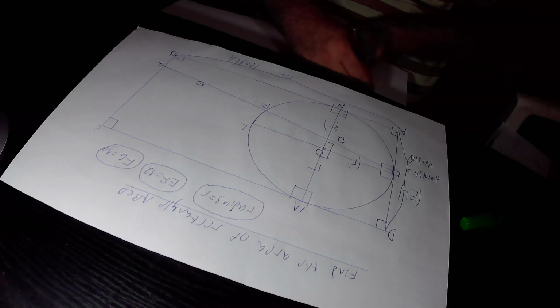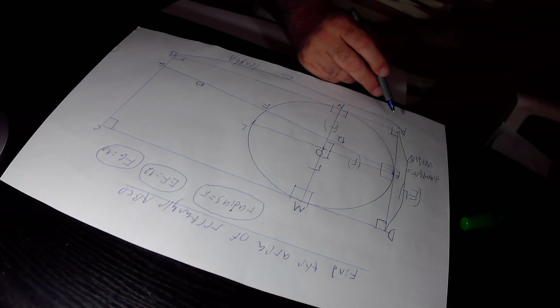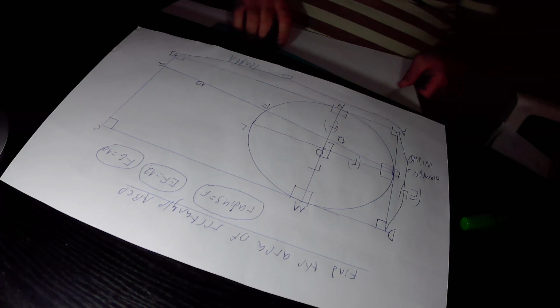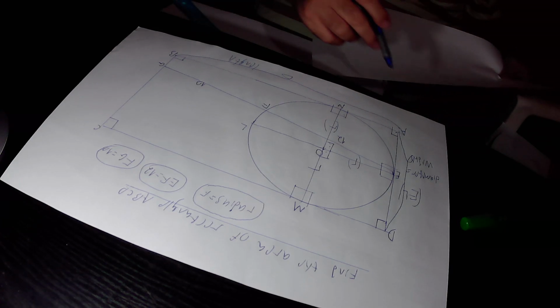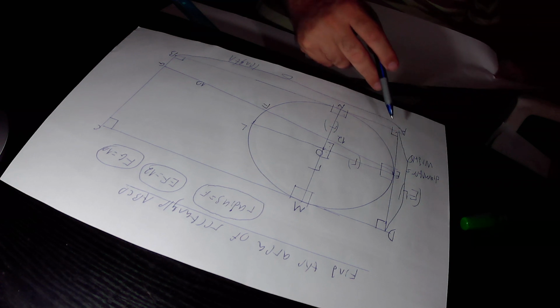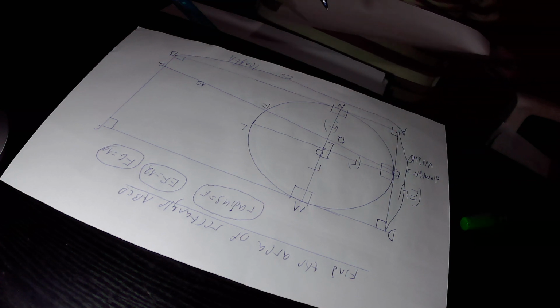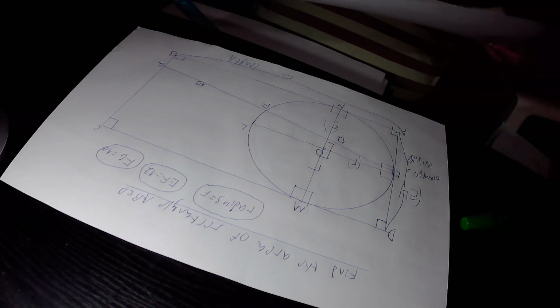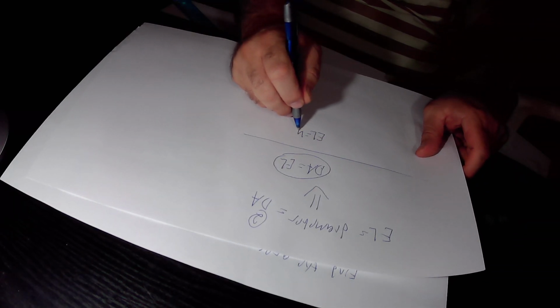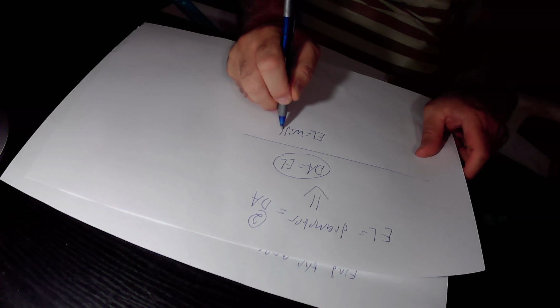That is to say, the width of rectangle ABCD equals EL. AD is the width, and it equals EL. Therefore, EL is the width of rectangle ABCD. So write it down.